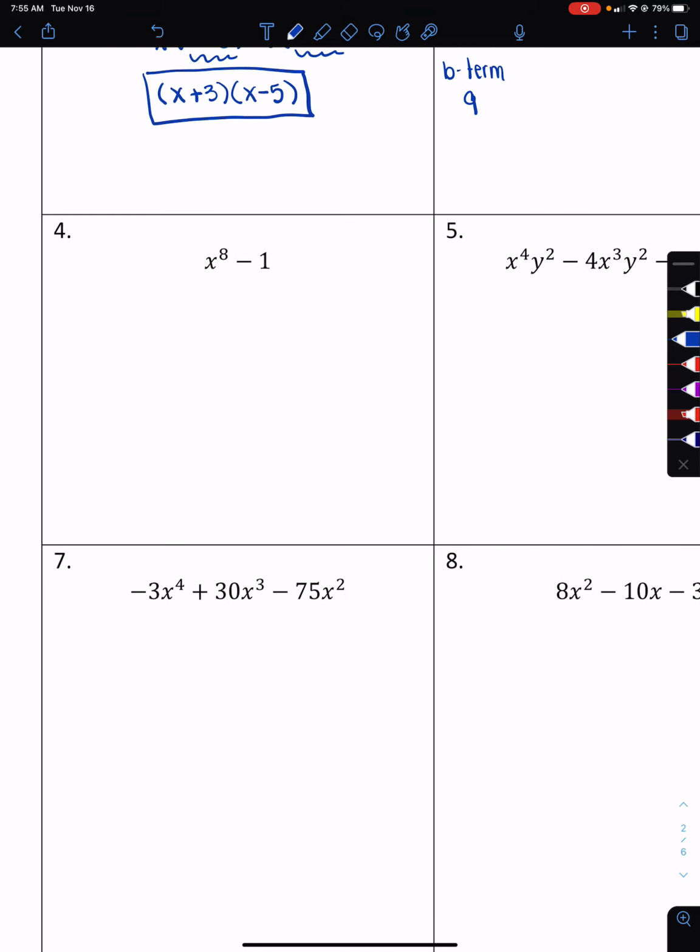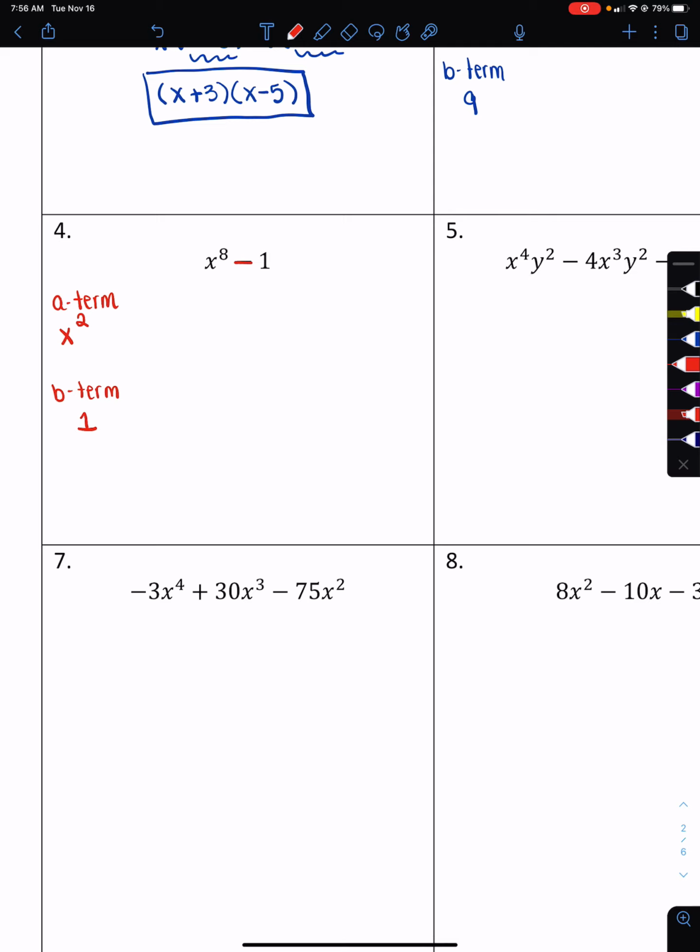Number 4, I have two terms. Are they a perfect square? No. Are they a perfect cube? Yes. The cube root of x to the 8th would be x squared. Okay. And the cube root of 1 is 1. Okay. There's the difference.